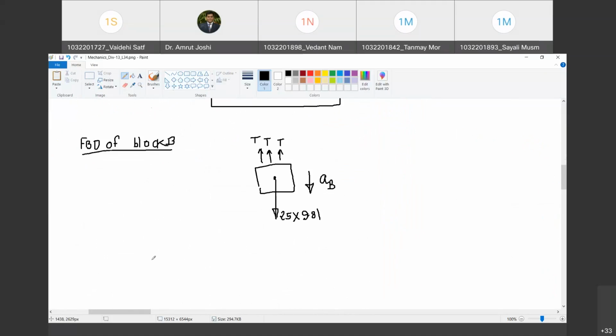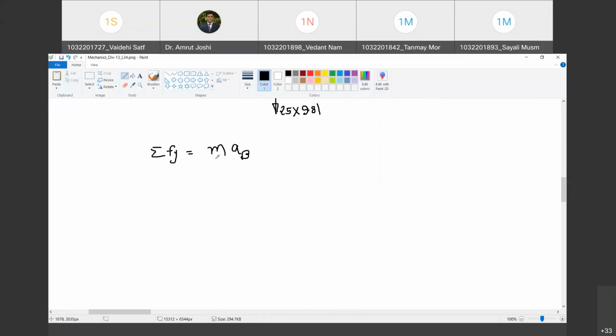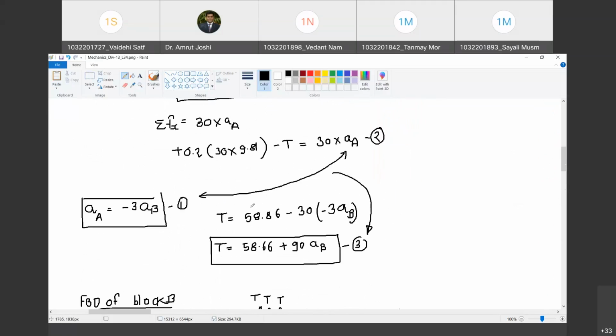And now apply Newton's second law in y direction. Summation Fy must be equal to mass into acceleration in y direction. As downward y is positive, therefore I have called AB as positive. Happy? Yes, sir. What is the mass of this block? Mass of this block is 25 kg. And what is summation Fy?